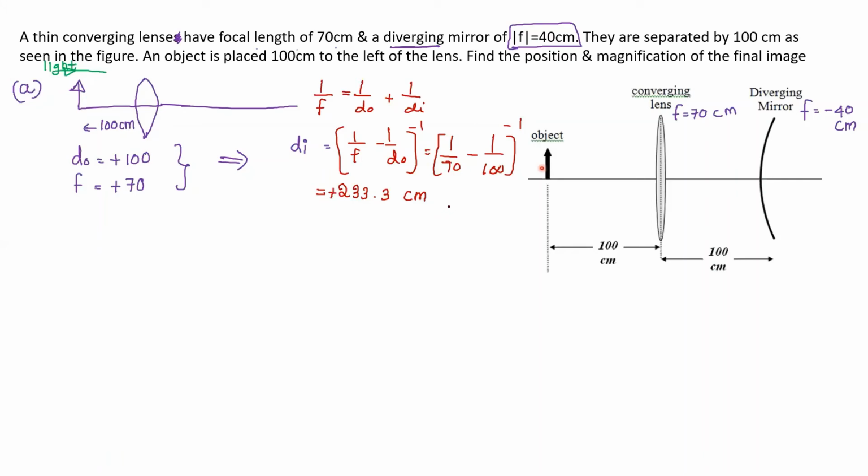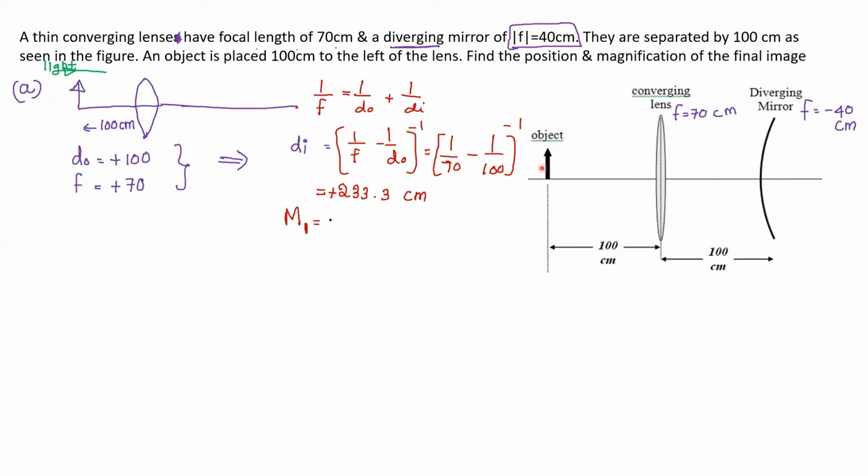That means where is your image? The image is behind, in the opposite direction. So it's here. It is 233.3 centimeters away, and let's quickly find the magnification.